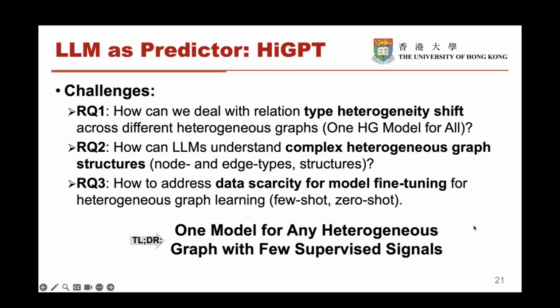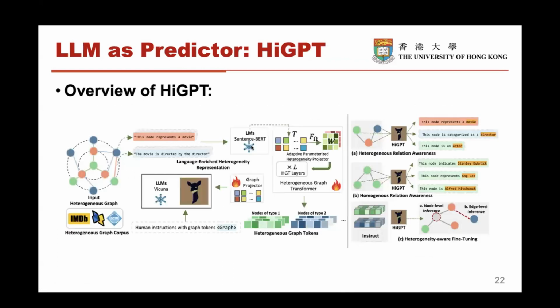Not only few-shot, we would like to further push forward this research line with the zero-shot setting. So all in all, our final motivation is to build one model for any heterogeneous graph with few supervised signals. The overview of our HiGPT is shown in the figure.